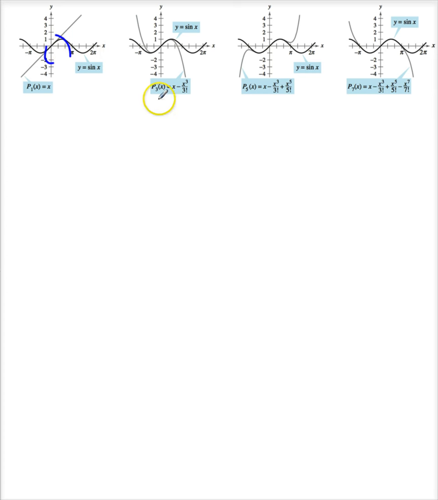The next one, P3, agrees very closely for a longer range of x values. The same thing for P5 and P7. You see they begin agreeing more and more. But the question is, does this actually converge to the function?